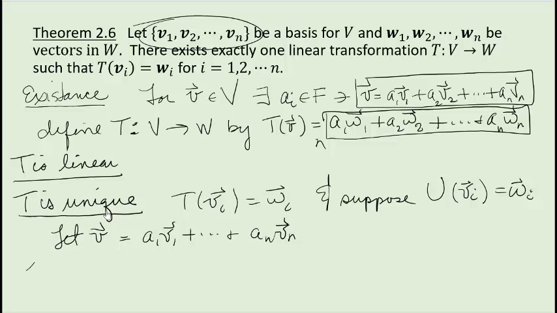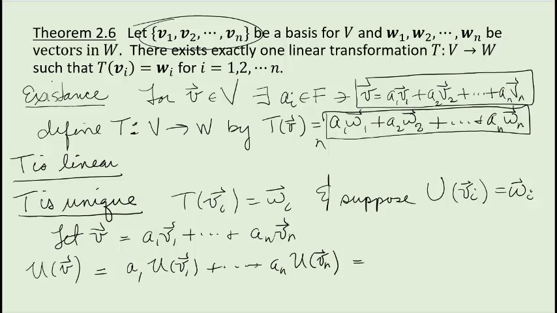And now let's just take U of V, and we want to show that we get T of V. U of V is, well, it's linear, so it's going to be A1 U of V1 plus down to A sub n U of V sub n. We're assuming that U is a linear transformation.